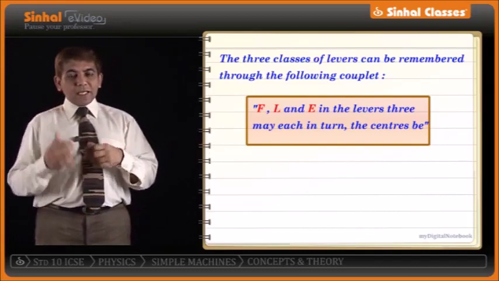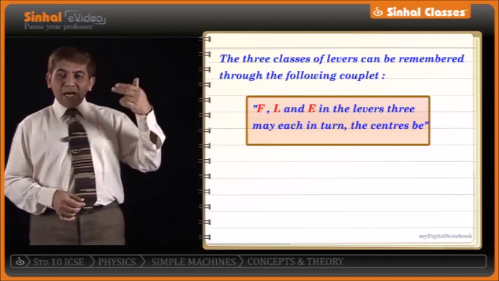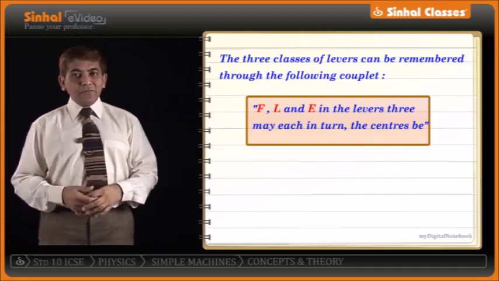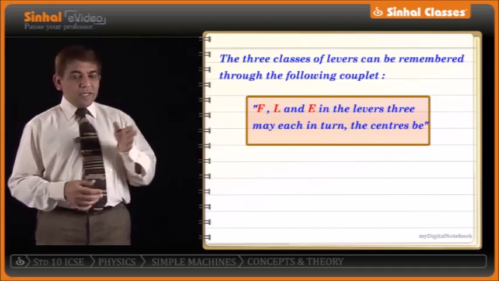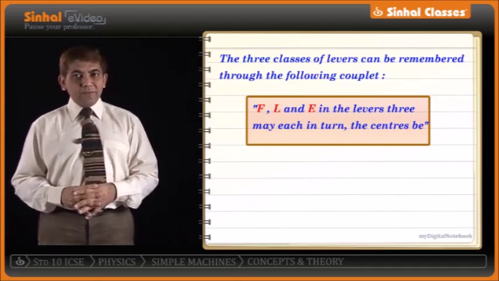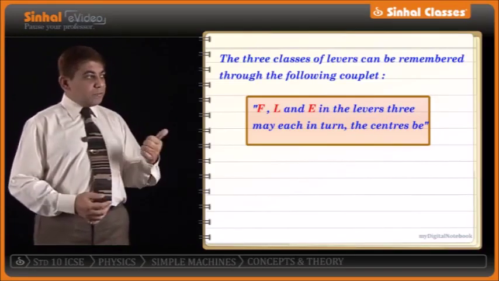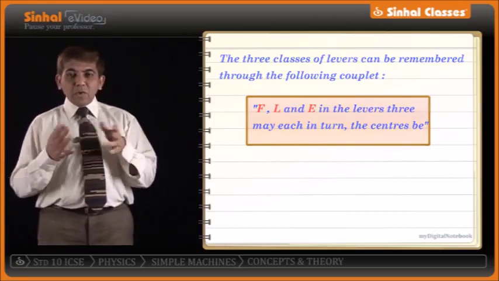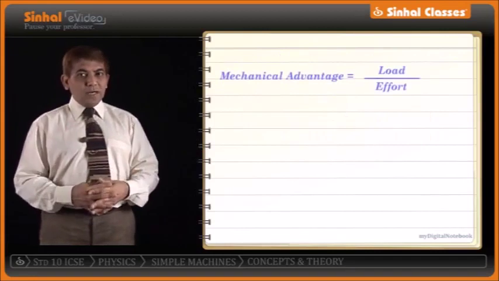That means in each category of levers, we have the load, the fulcrum and the effort being the centers of each other. So definitely we see that it is very easy to remember how we classify the levers. Now when we talk about the load, effort, fulcrum, we are also considering the effort arm and the load arm.